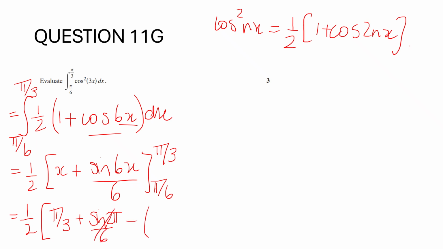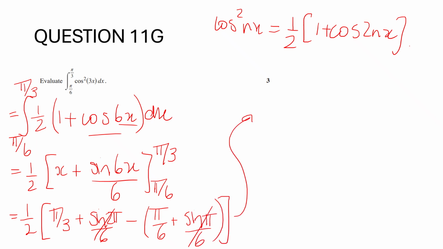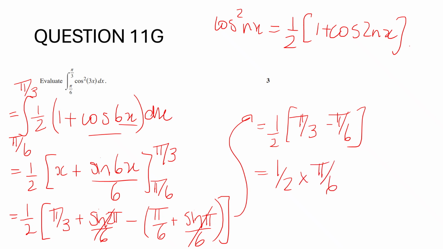Take away pi on 6 plus sine pi on 6, that is also 0. Equals a half. Pi on 3, take pi on 6, is equal to half times pi on 6, which is pi on 12.